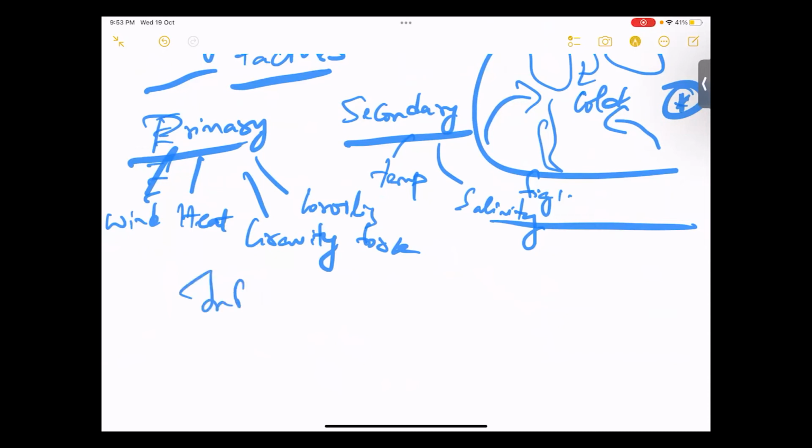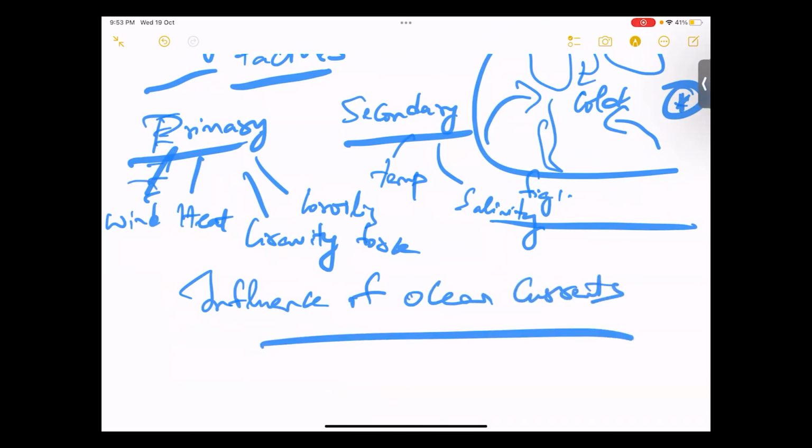Then what is the second part? Influence of ocean currents. By the way, when you are mentioning these factors, you have to write about them also. For example, wind: wind directions will help in the flow of ocean currents.